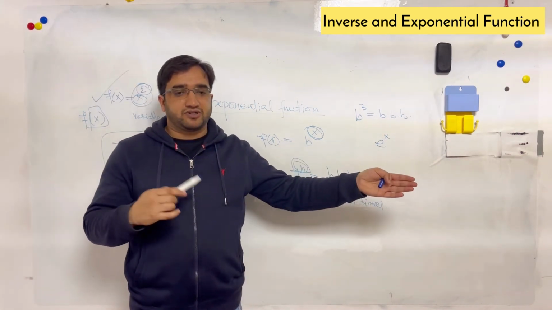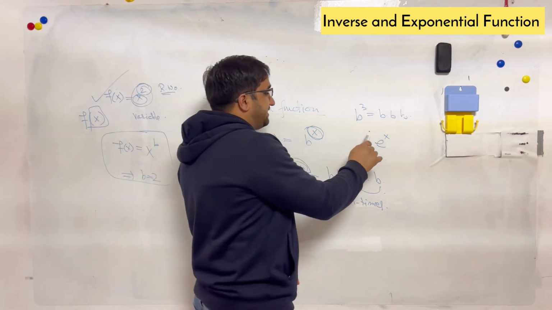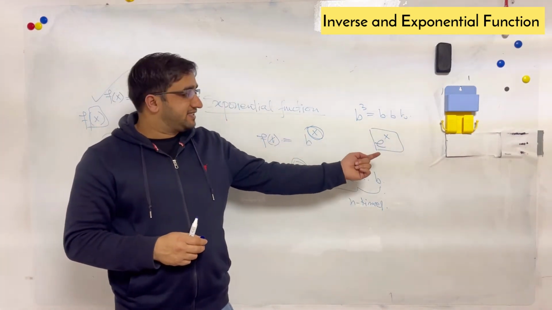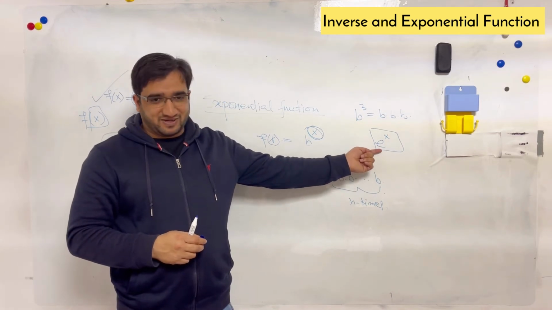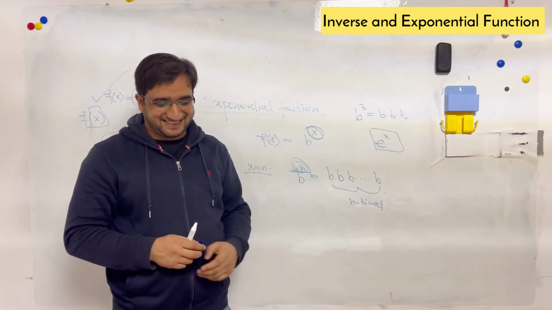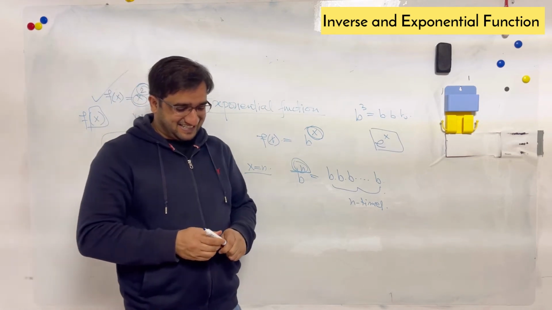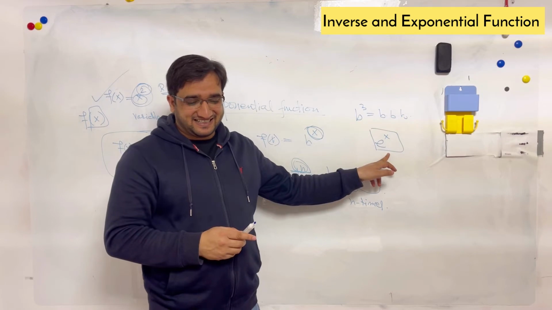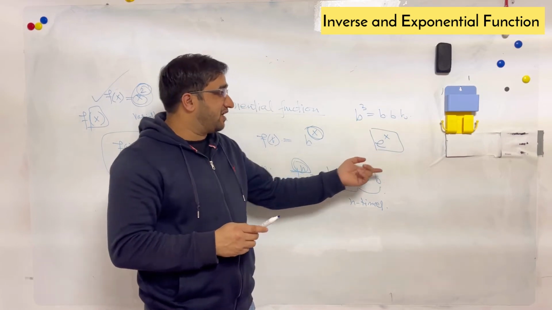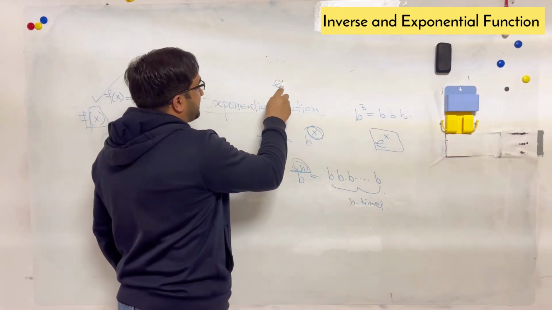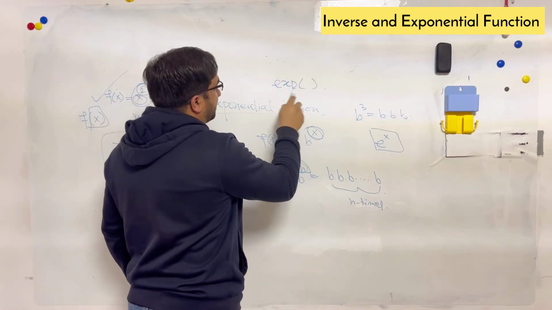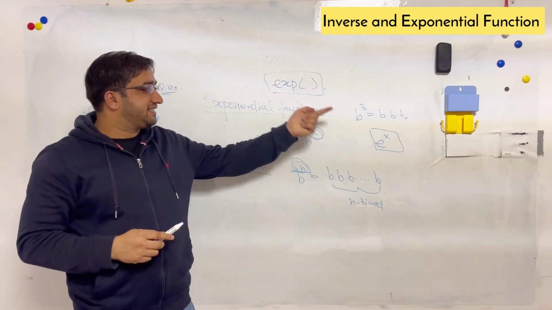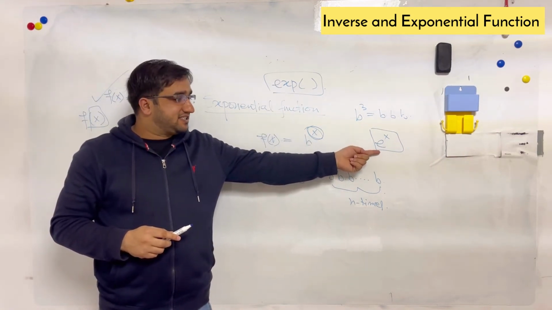In general, whenever somebody talks about an exponential function, you always think about e raised to the power x, right? Yes or no? Yes, we always think about e raised to the power x, or exponential of something. But this is not true.